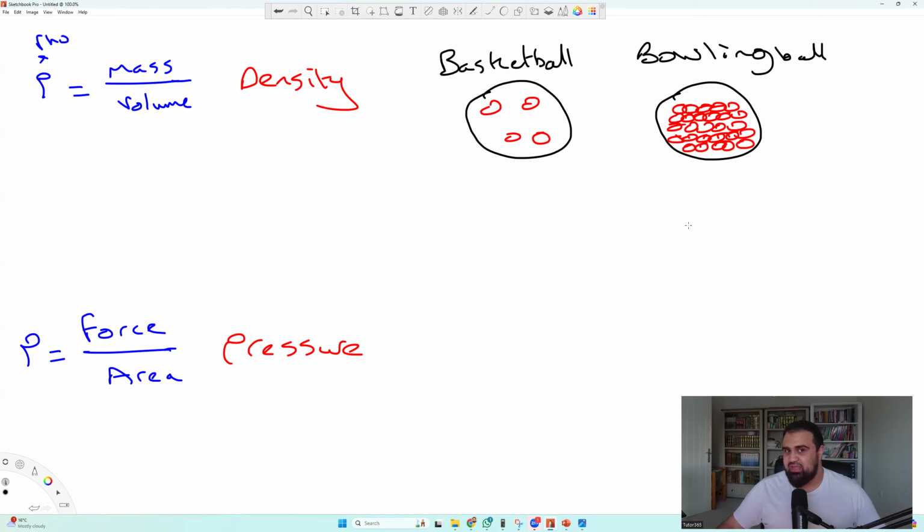Does everybody understand why the formula for density is mass for a given volume? Does anybody not understand that? Yeah, it's easy, right? So it's mass per volume. We kind of know that already.